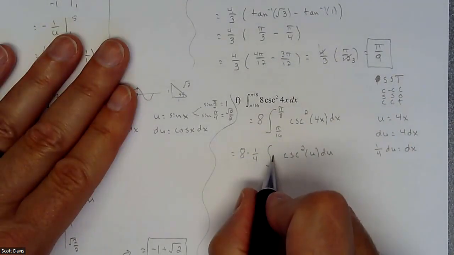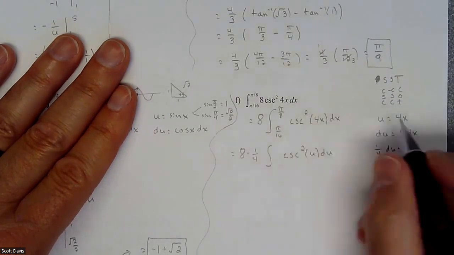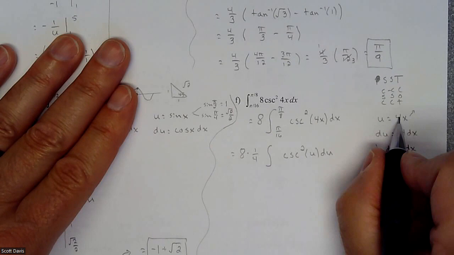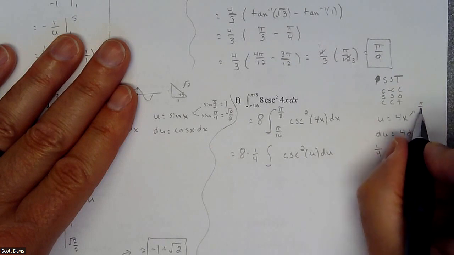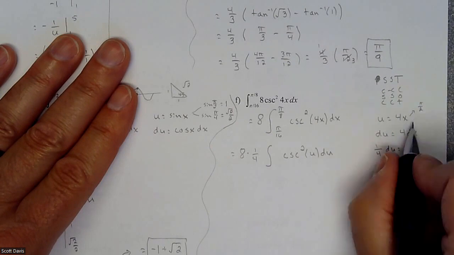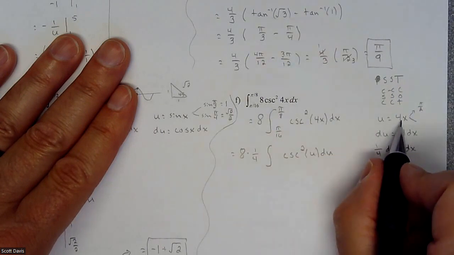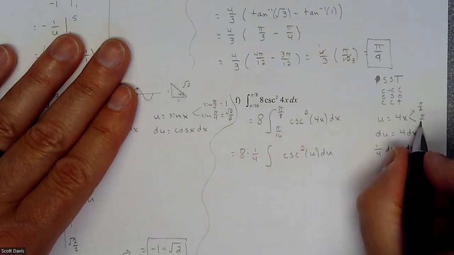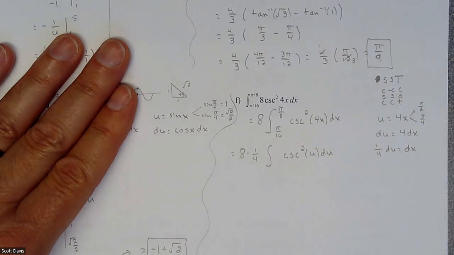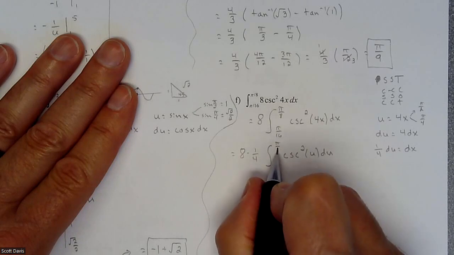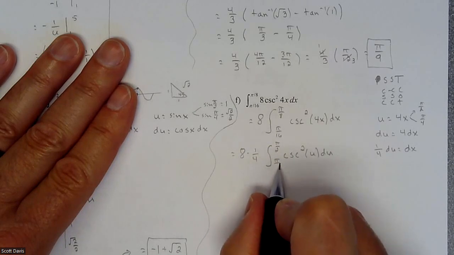Next thing is I'm going to adjust my bounds. If I take pi over 8 times 4, I'm getting pi over 2. And if I take pi over 16 and multiply it by 4, I'm getting pi over 4. All right, so I have pi over 2, pi over 4.